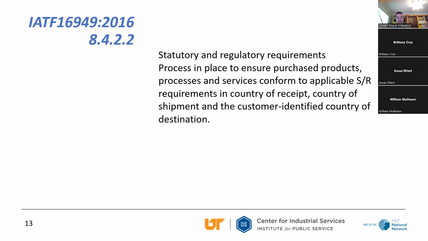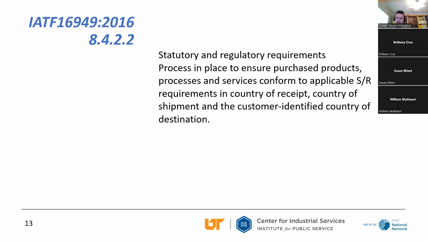IATF has the requirement on statutory and regulatory requirements that we've got to pass those down to our suppliers, and also that any purchased parts or processes that we receive, we've got to ensure that applicable statutory and regulatory requirements are met in the country of receipt, the country of shipment, and the customer-designated country. And that is if we know it. If we don't know the customer end user where it's going, we don't need to worry about it.